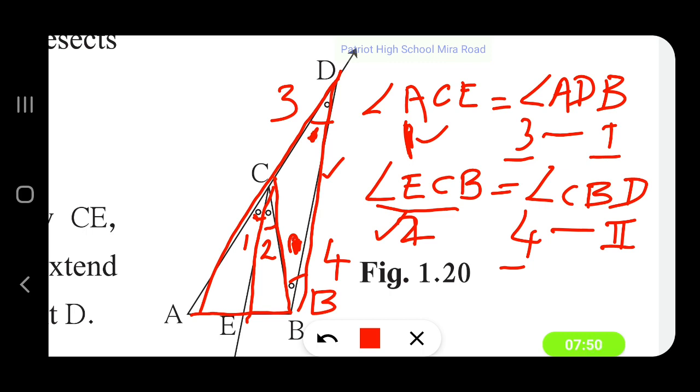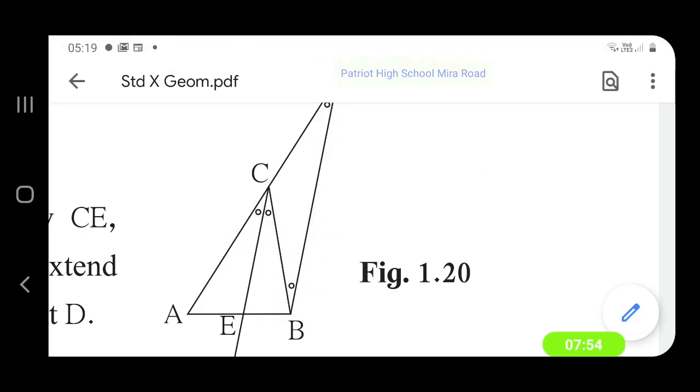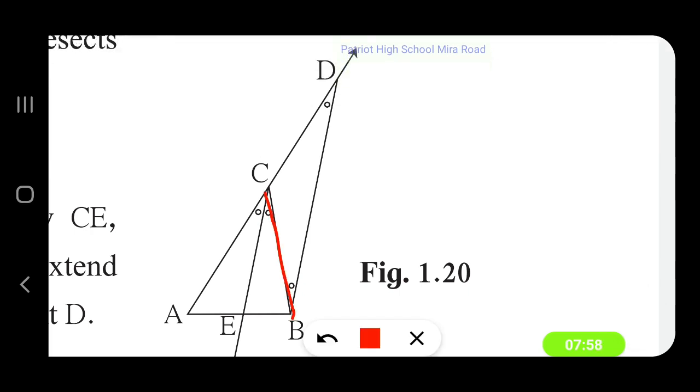Therefore, triangle BCD is an isosceles triangle because this angle is equal to this angle. Just now we have proved it. Because this is an isosceles triangle, the corresponding sides BC and CD are equal.